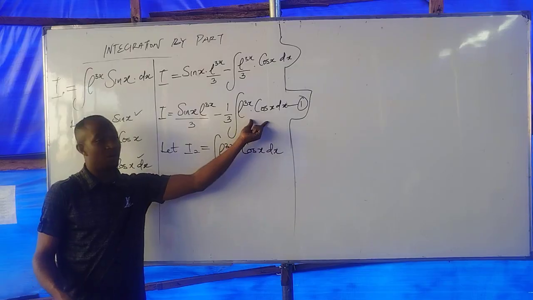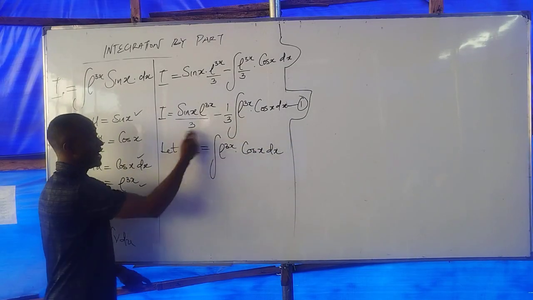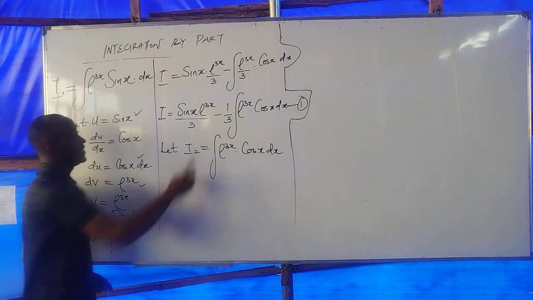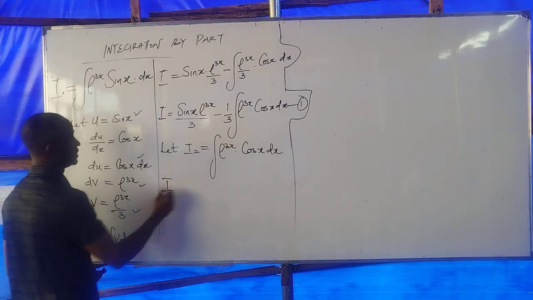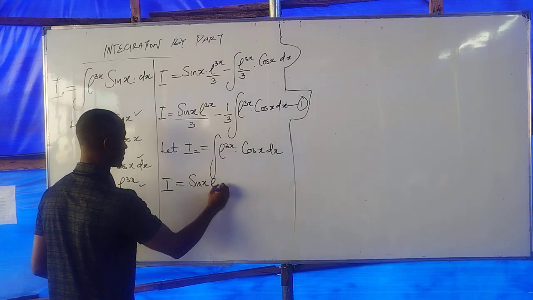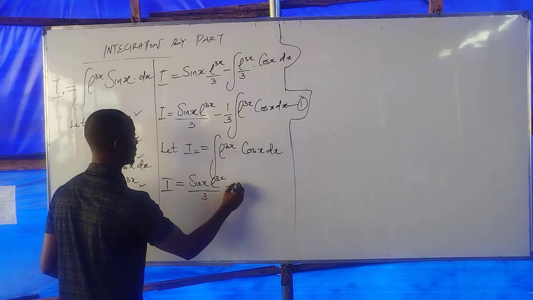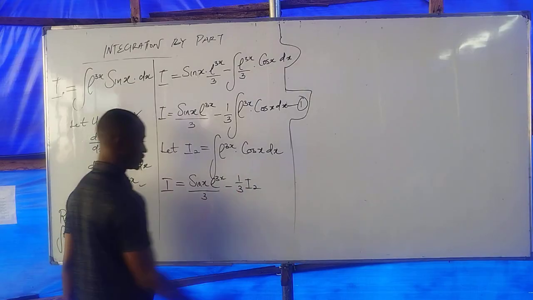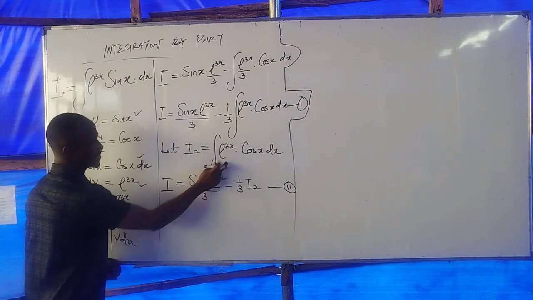I have to apply integration by parts again. So I have to let our I2 represent the whole of this. Is it making sense? So if I2 represents the whole of this, that means my I officially is equal to sine x exponential 3x over 3 minus 1 over 3 I2. Equation 2. But let's solve this first.